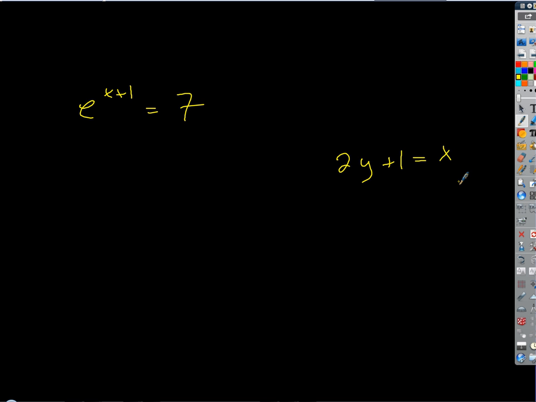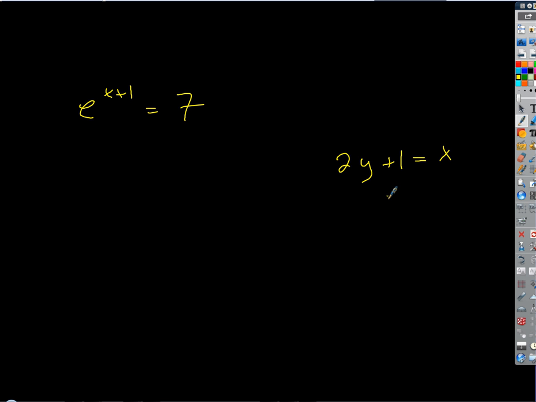Isolate y. Well, what do you do? You subtract 1, because that's the inverse operation. Then we divide by 2, because division is the inverse operation of multiplying.